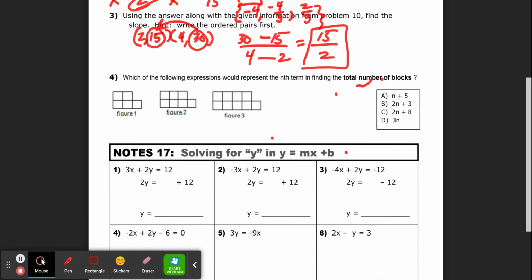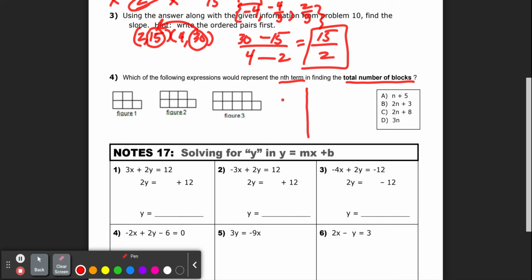All right, problem 4. Looks like I need to erase a little bit of my squiggly stuff. Okay, so problem 4 says, which of the following expressions would represent the nth term in finding the total blocks? So let's go ahead and set up a table of values.